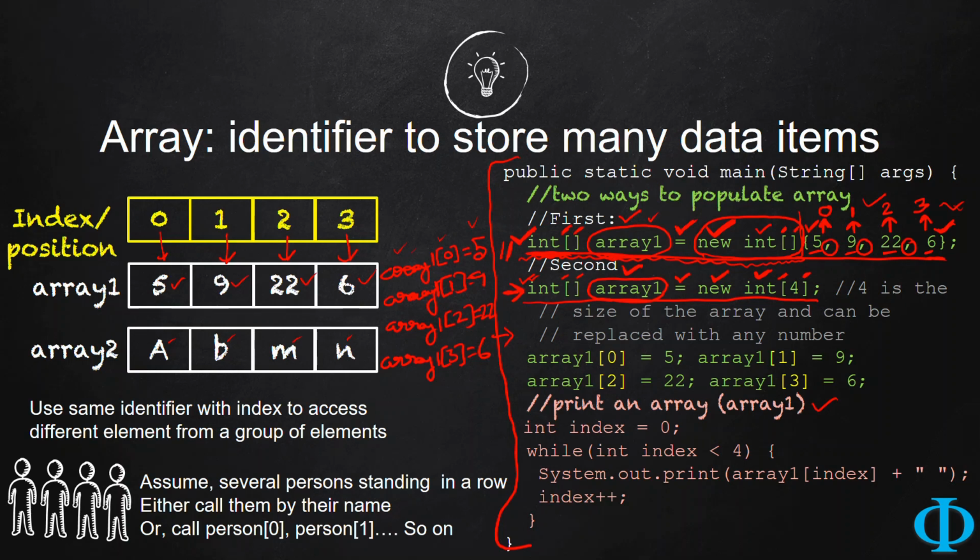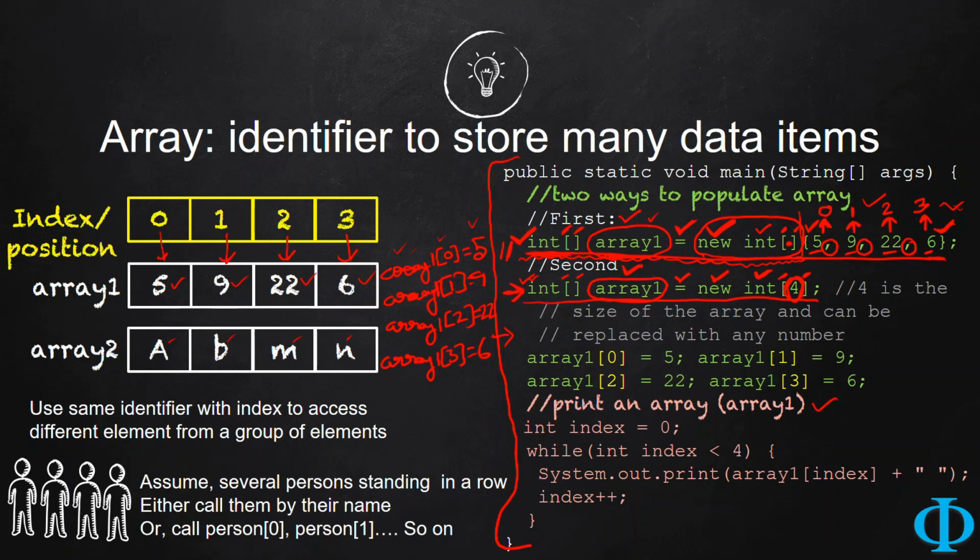But only one difference. When you are declaring the array in a separate line, then you have to specify the size of the array inside this opening and closing box bracket, which was not present in the first case.